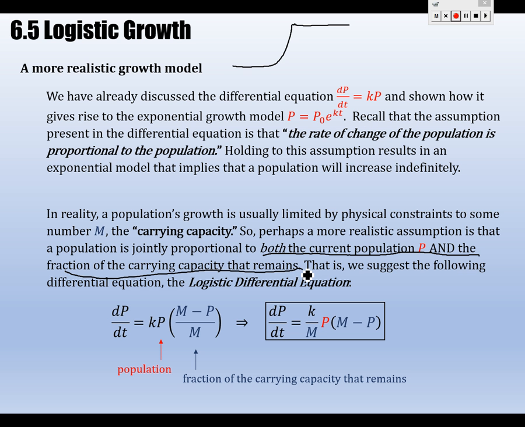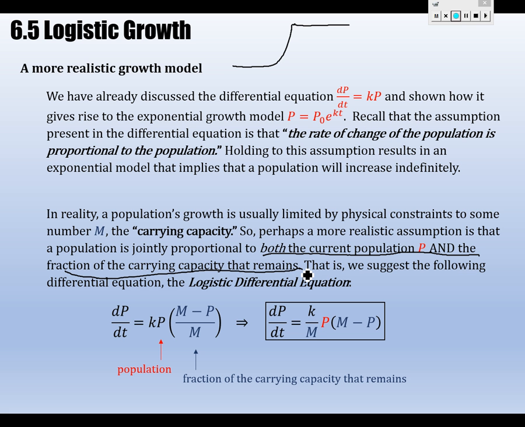So now we have that dP/dt is proportional to both. As we get close to the carrying capacity, what happens as we plug in P values for a population that gets very, very close to M? This whole fraction, the blue, tends toward 0, right?